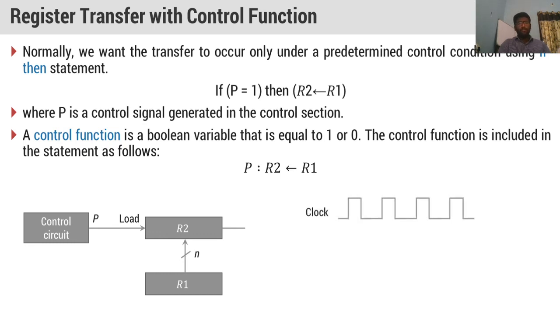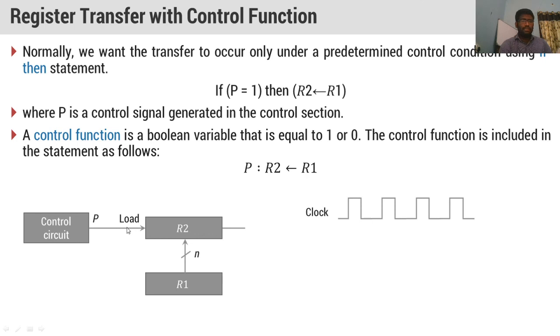If the load is 1, the contents that are present in R1 will be transferred. The N number of bits present in R1 will be transferred to the register R2. Here N indicates the number of bits. So here P is the control variable where the control circuit or control unit will place either 0 or 1. So that will be the load.